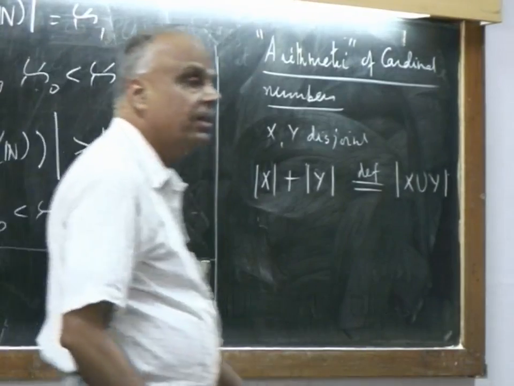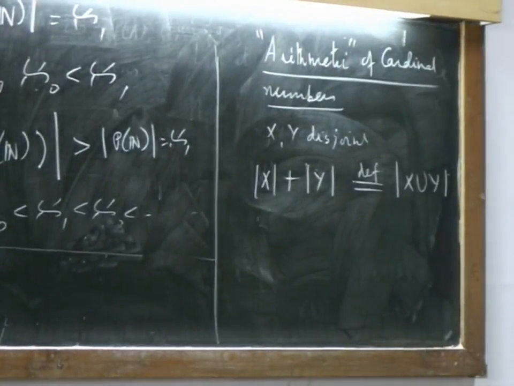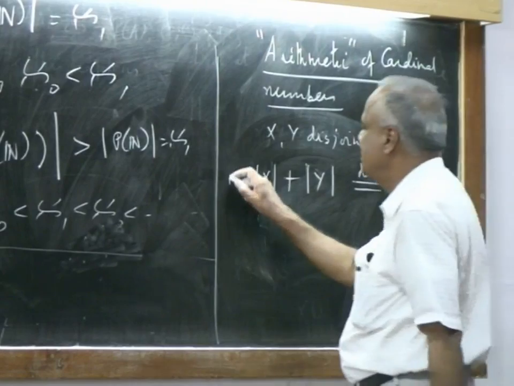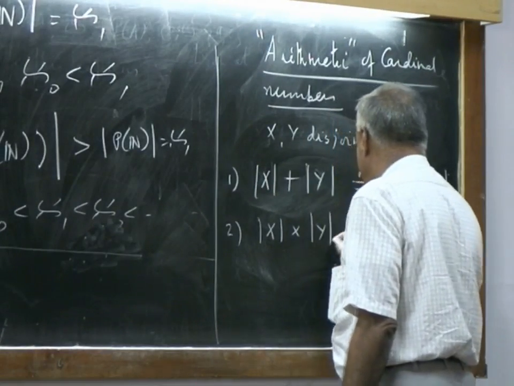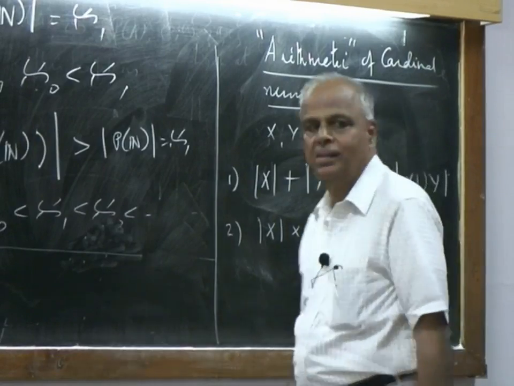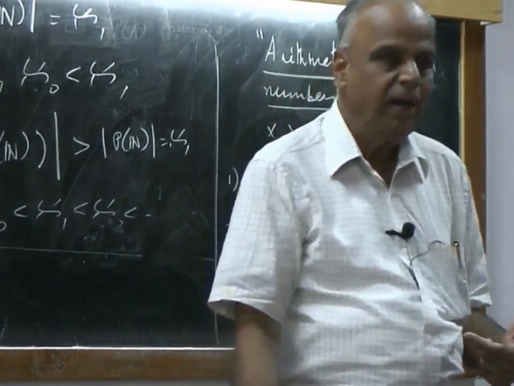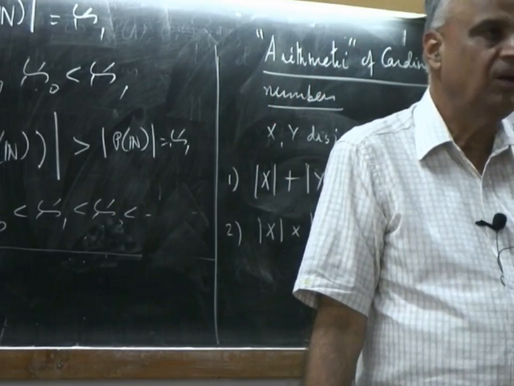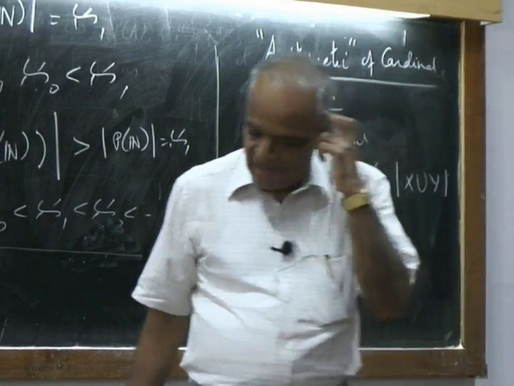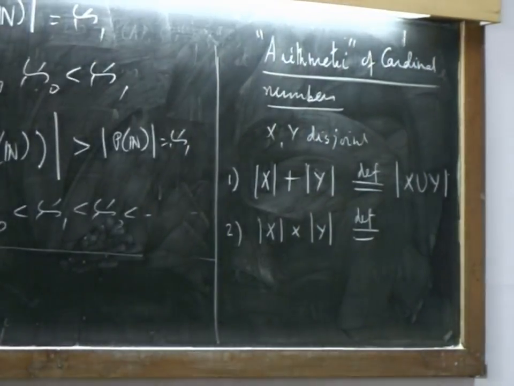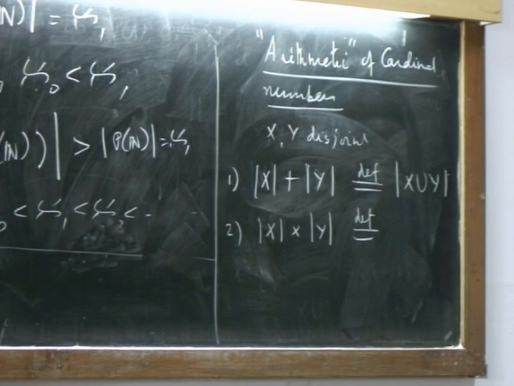Now this product is a difficult thing. How do I define the product? So I have to go back to the usual common numbers that I am used to and see what is the product and how I can interpret the result in terms of sets, so that once I have the result in terms of sets, I can copy it here. So let us say 2 into 3 is 6.